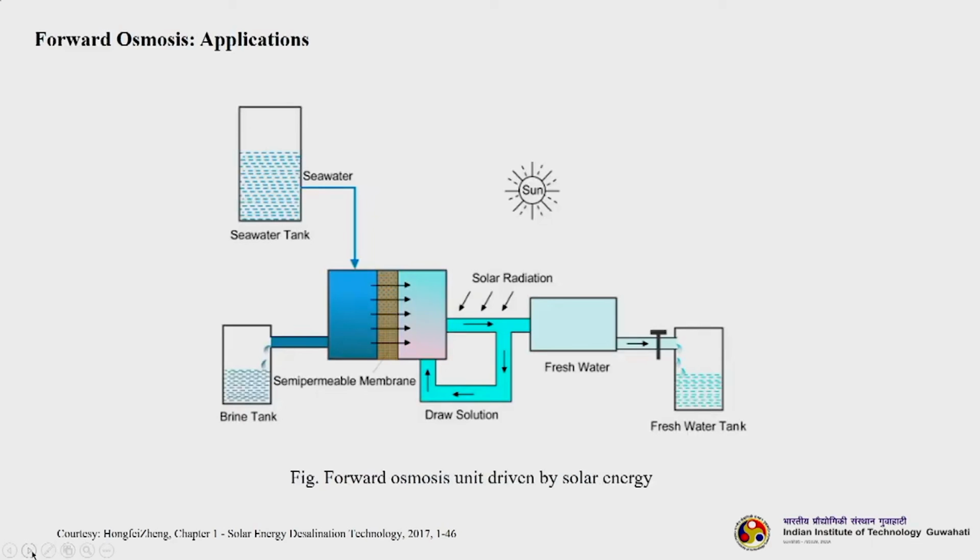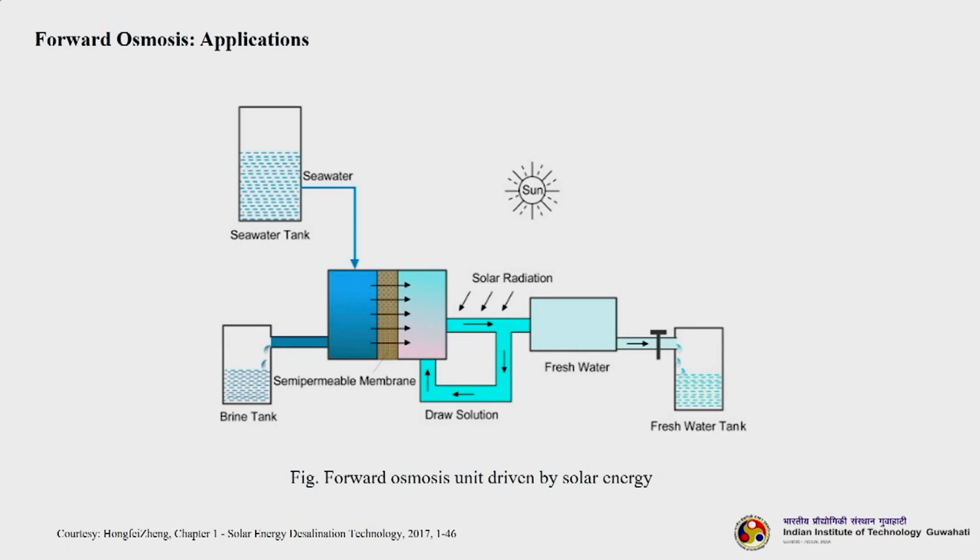And this is another application in which solar radiation is used to accomplish a forward osmosis system. Again the same process: there is a semi permeable forward osmosis membrane, with sea water fed to one side, and fresh water fed to the forward osmosis system as a draw solution, which is getting enriched by the water diffusing from the saline water to the draw solution side.